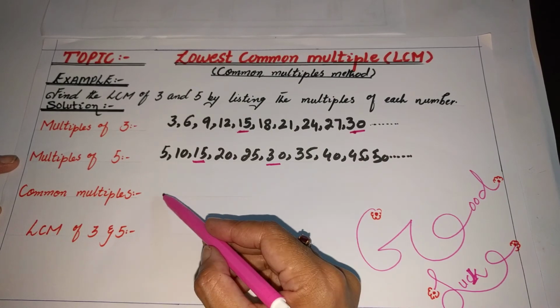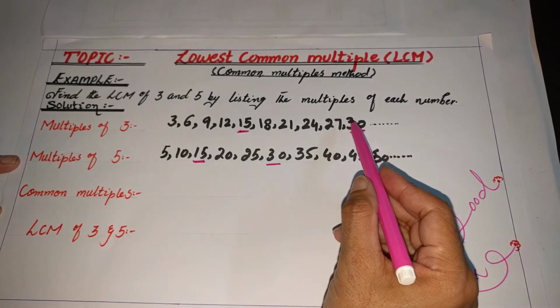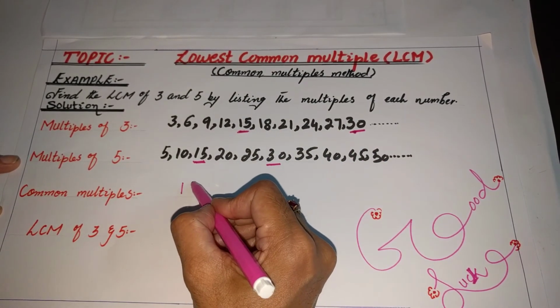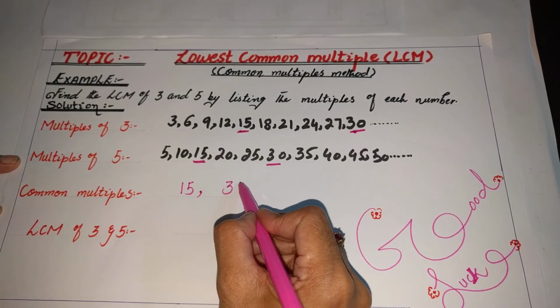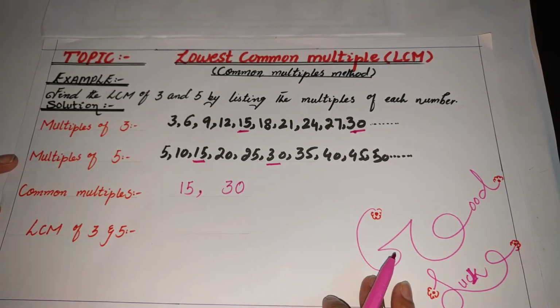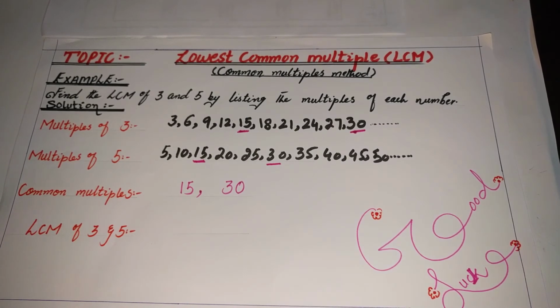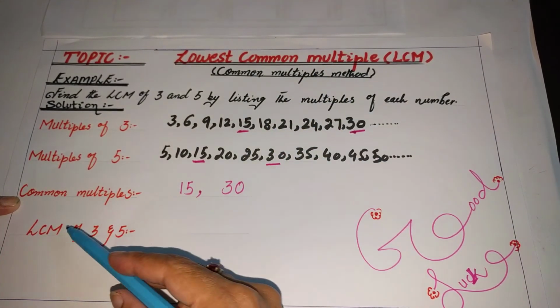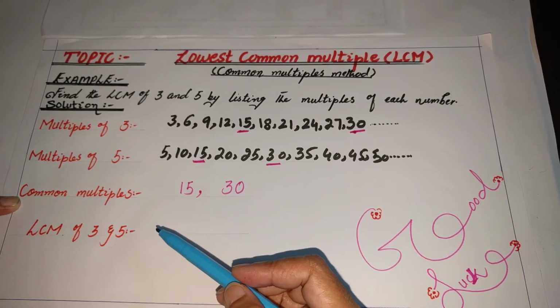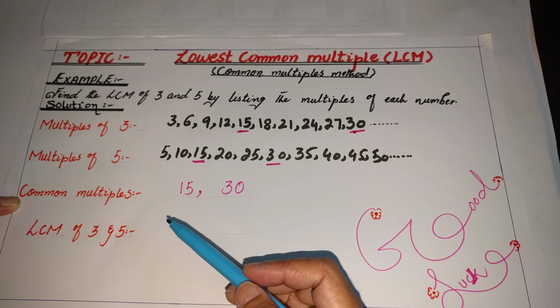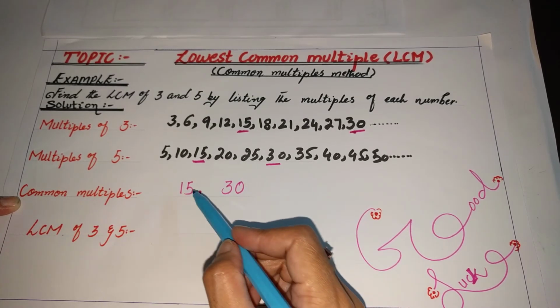Next is write the common multiples. What are the common multiples? 15 is a common multiple. 30 is a common multiple. These two are the common multiples of 3 and 5. Our topic is LCM, lowest common multiple. So lowest common multiple of 3 and 5 means the smallest number of all the common multiples.